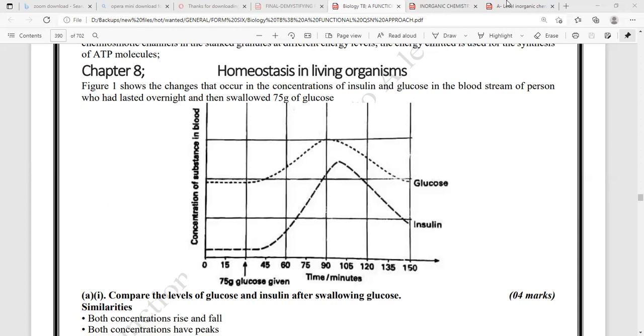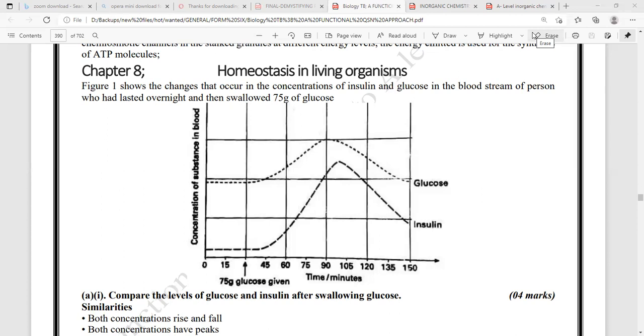On the vertical scale, we have concentration of substance in blood, and on the horizontal scale, we have time taken. Now, looking at the calibration on the horizontal scale, at a point between 45 and 15 minutes, 75 grams of glucose is given to this individual.